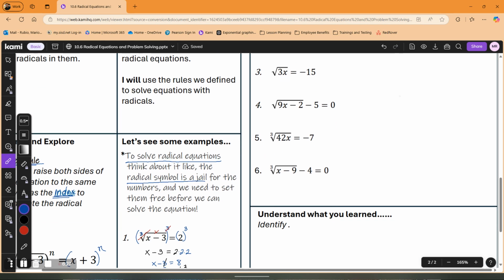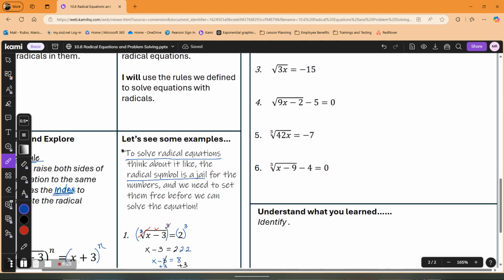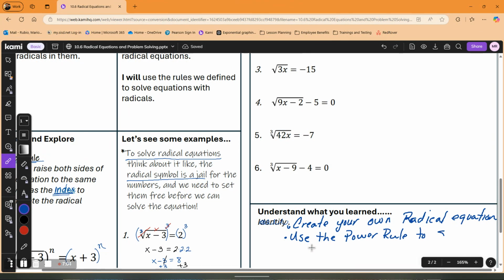And then to understand what you learned, here's your prompt. I want you to create your own radical equation, use the power rule to solve your equation.